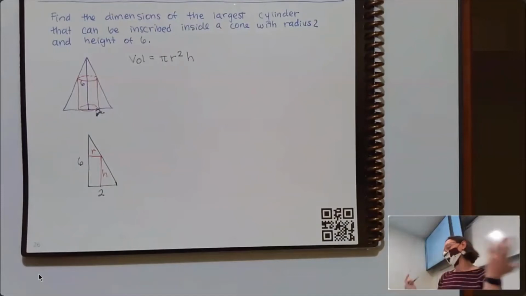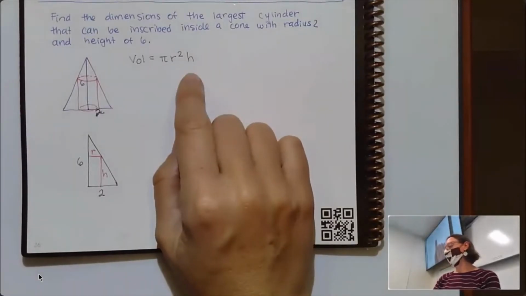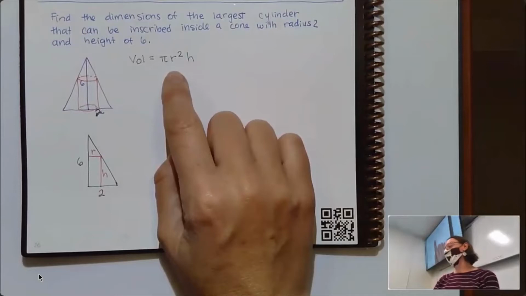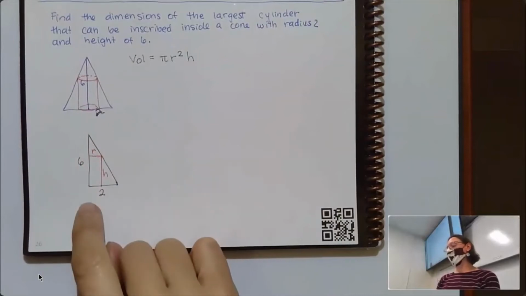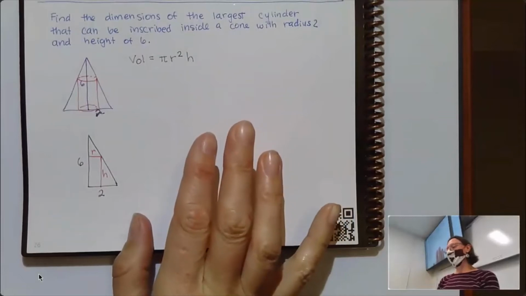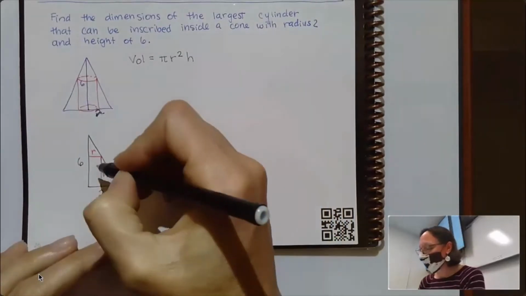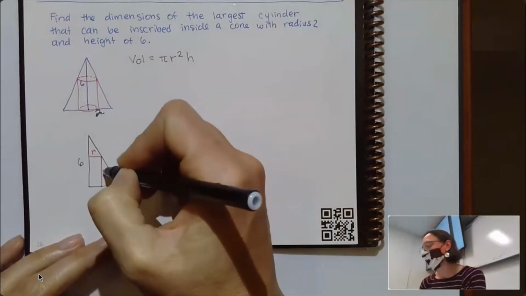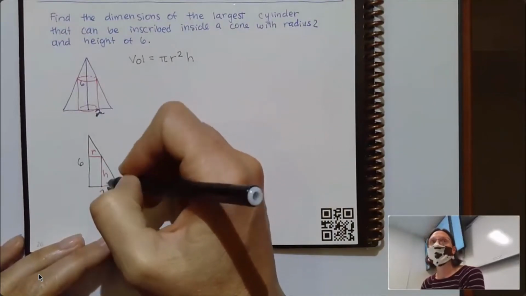So I'm just going to talk out loud for a second. In this equation, I'd probably rather replace the H than the R squared, because I'd prefer to not have to square something. Whatever happens down here, I'm going to want to rearrange it to say H equals anyway. Because of that, I'm going to choose the smaller triangle in the right-hand corner that has an H.